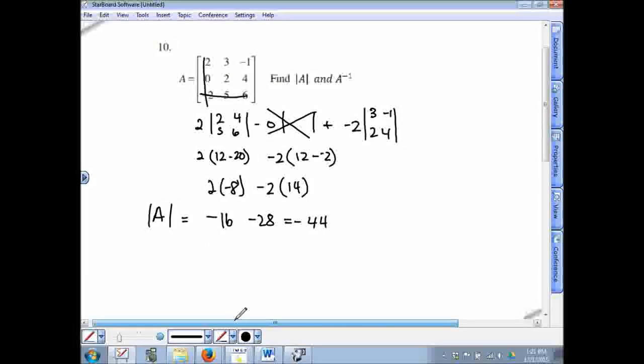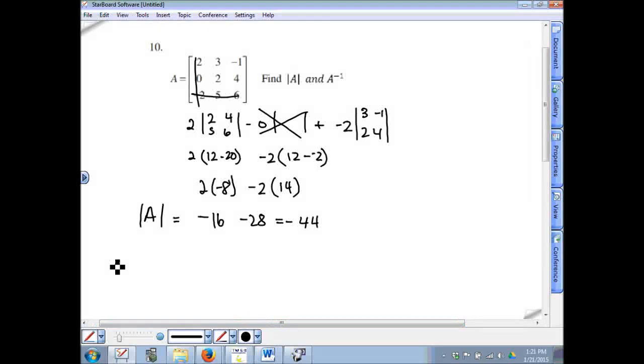And the inverse has to be found this way.